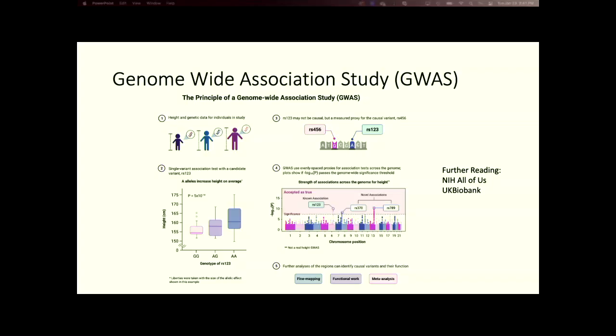If you think of just plotting a normal distribution and you do 1 million tests and you're looking at the tail being significant, just by probability, you'll have random things that will appear significant that are not. So we have to do a stringent correction to make that p-value even lower to say that these SNPs, so a SNP is just a mutation in the genome, also called a single nucleotide polymorphism, are significant and associated with the trait.